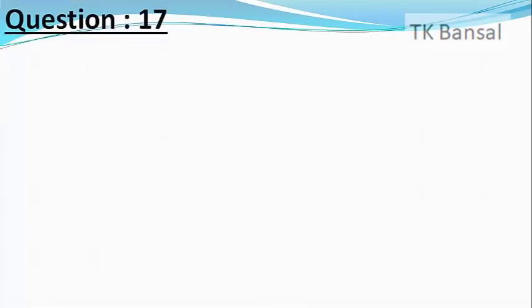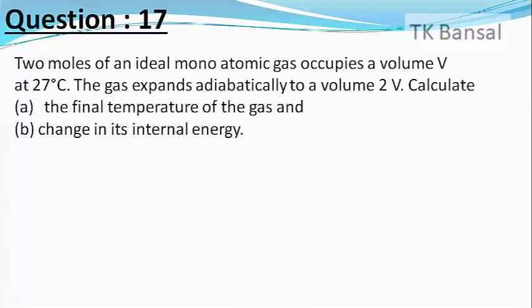The next question is: 2 moles of an ideal monatomic gas occupies a volume V at 27 degrees Celsius. The gas expands adiabatically to a volume of 2V. Calculate the final temperature of the gas and the change in its internal energy.